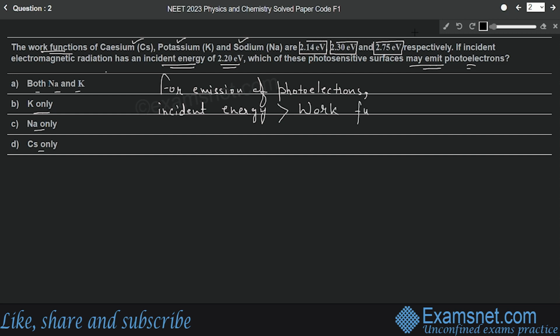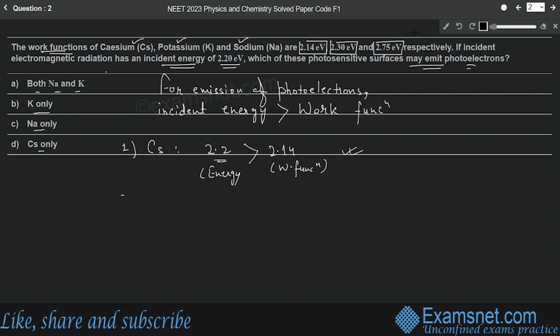So if we talk about cesium, here the work function is 2.14 and the incident energy is 2.2 electron volt, which is more than 2.14. So yes, here the energy is more than the work function, so it will emit photoelectrons.